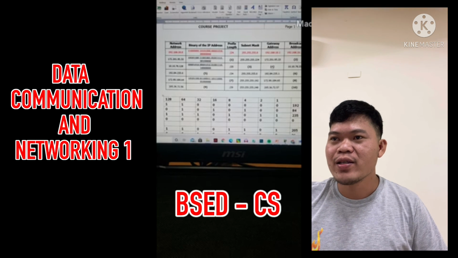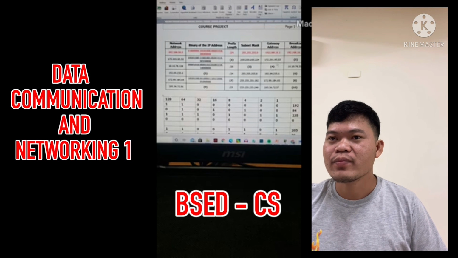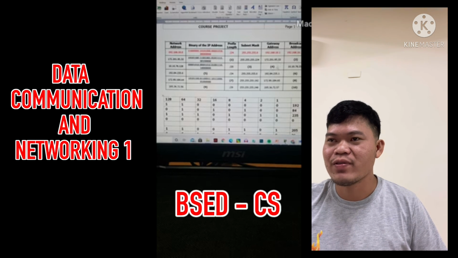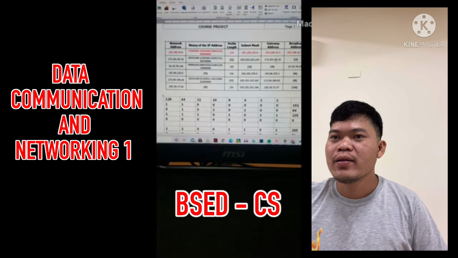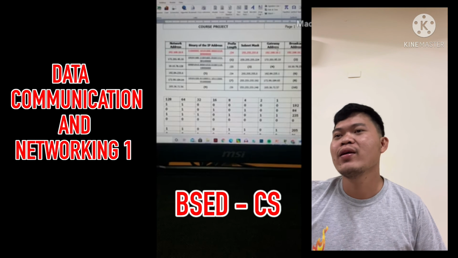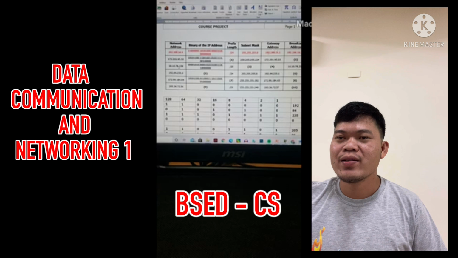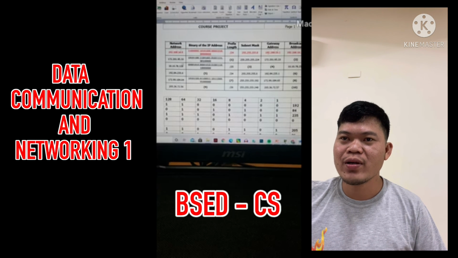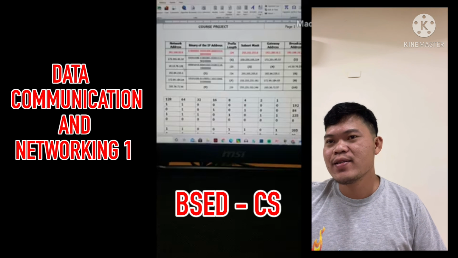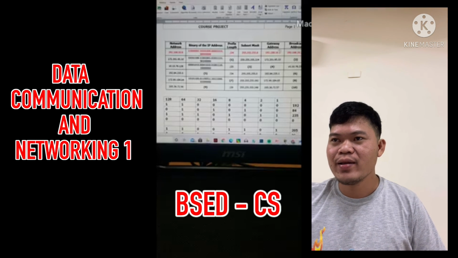Then next one is number 4. As you can see, the host function only adds 1. In order to get the gateway address from the network address, just add 1 to the last digit of the network address.